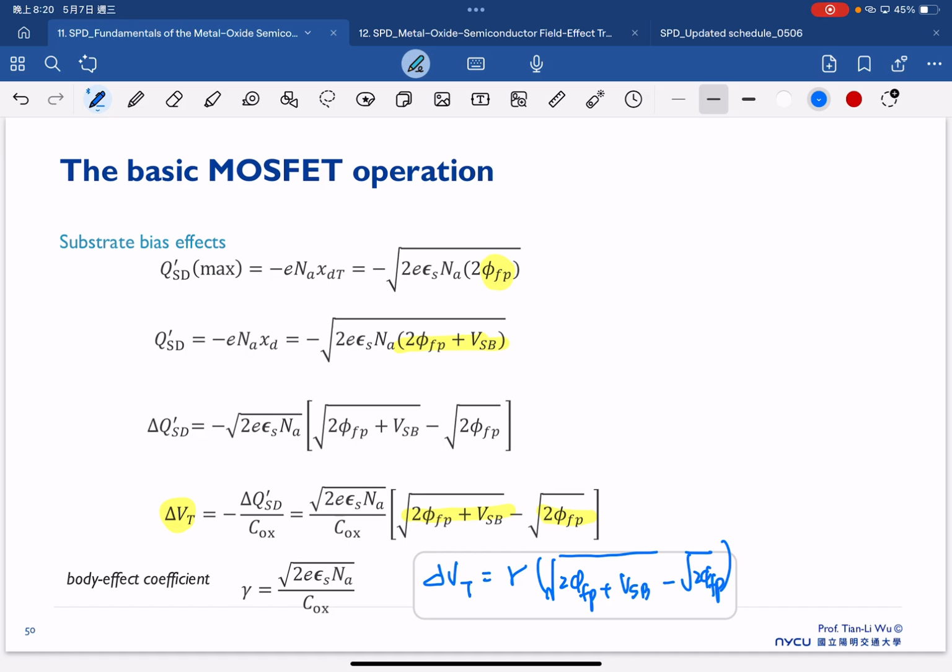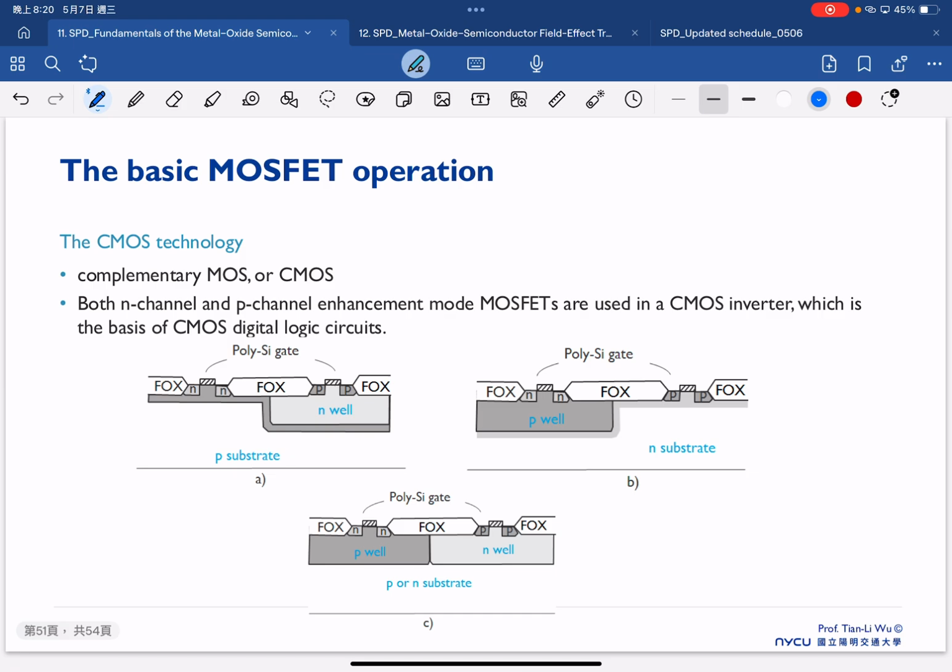So then let's talk about one of the applications for the MOSFET, which is the CMOS, the complementary MOS. We already mentioned that the purpose of complementary MOS, or CMOS, is that we would like to fabricate the PMOS and NMOS together and connect them with the same input and output, a PMOS versus an NMOS.